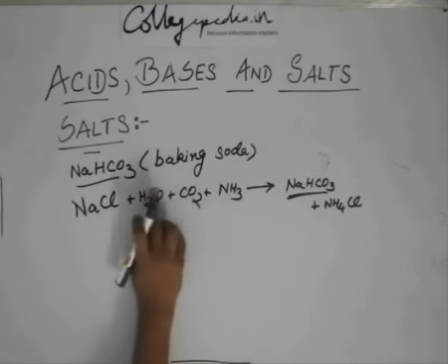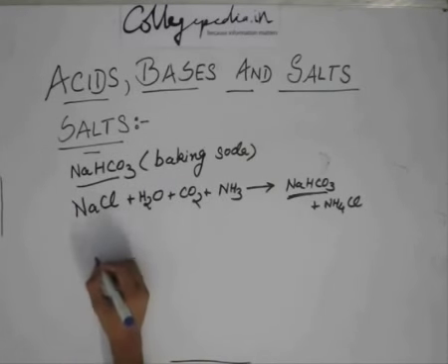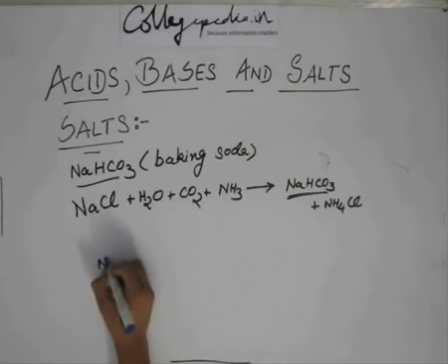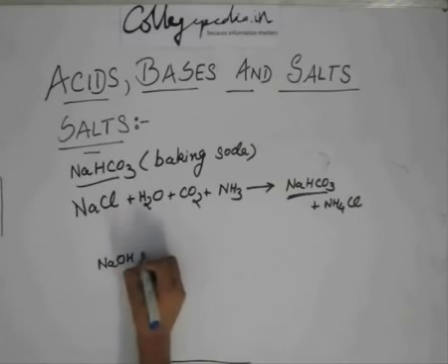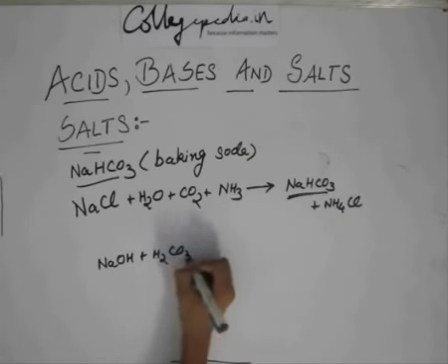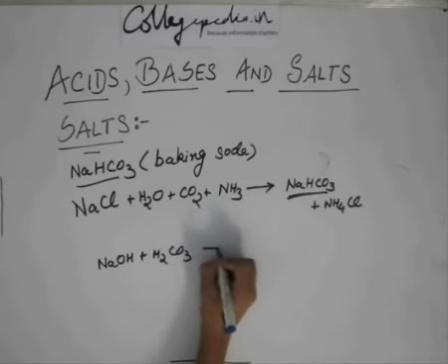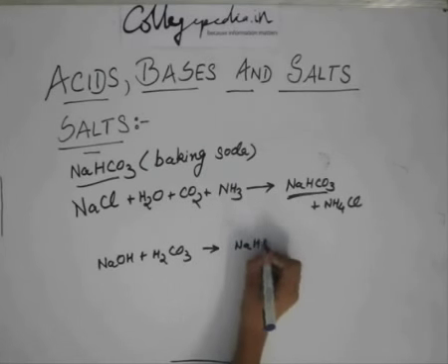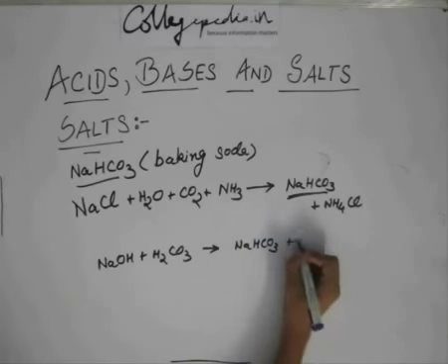Baking soda falls in the category of basic salts because it is formed from NaOH and H2CO3. We have NaHCO3 plus H2O.